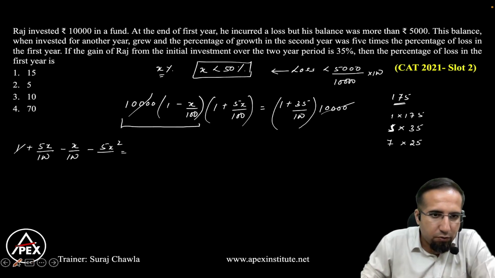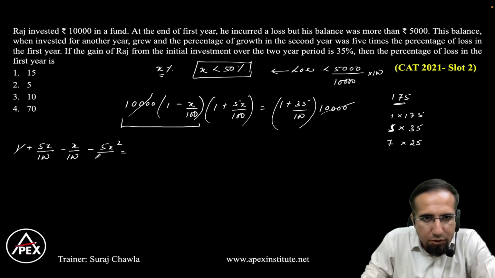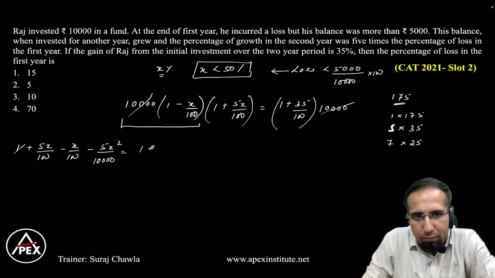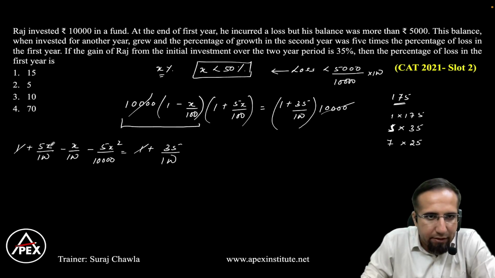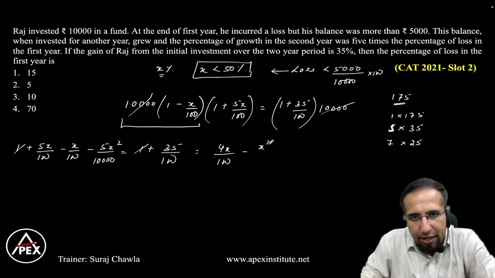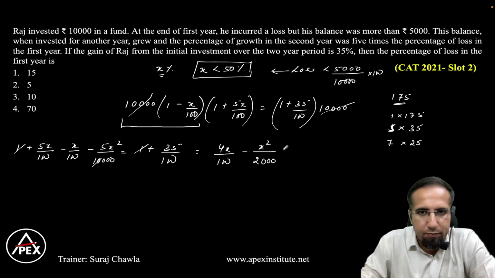So when I multiply them, this part becomes 100 into 100, right? And this will give me 1 plus 35 by 100. So 1 and 1 get cancelled. So this is eventually coming out to be 4x by 100 minus x square by 5 2s are 10, 2000, which is equal to 35 by 100.